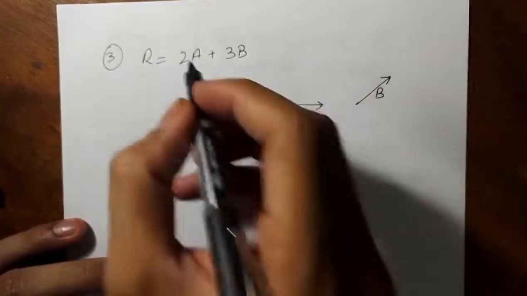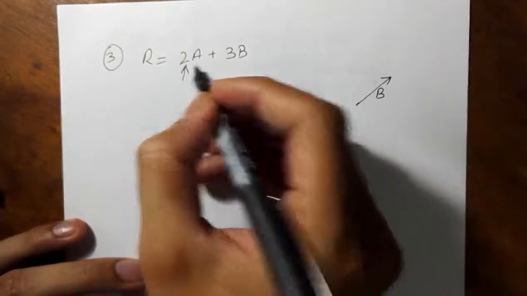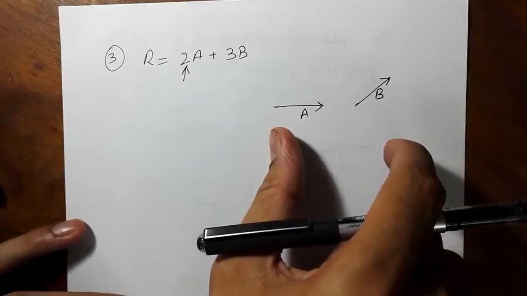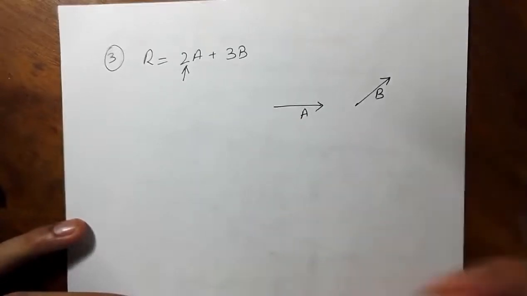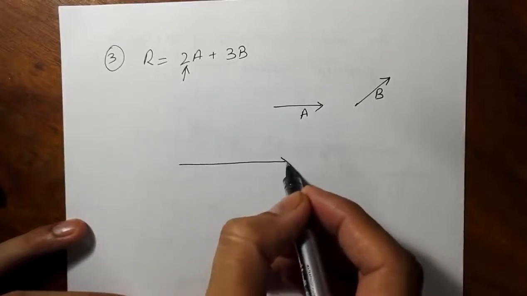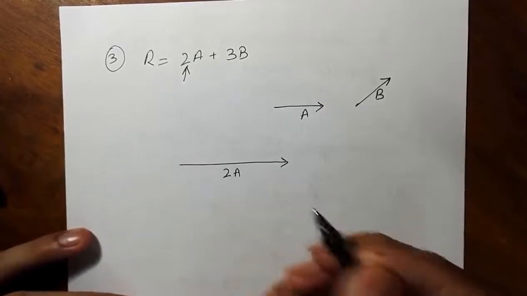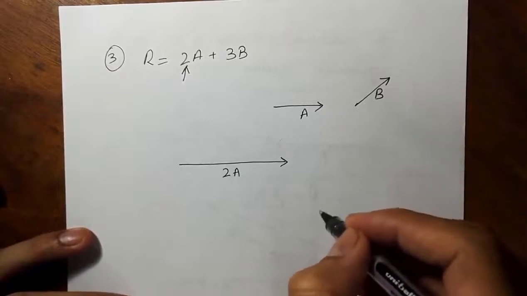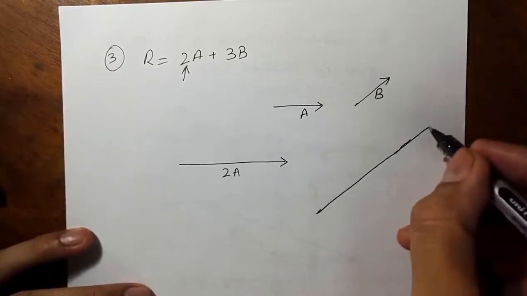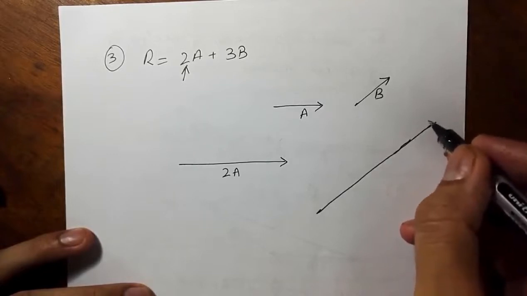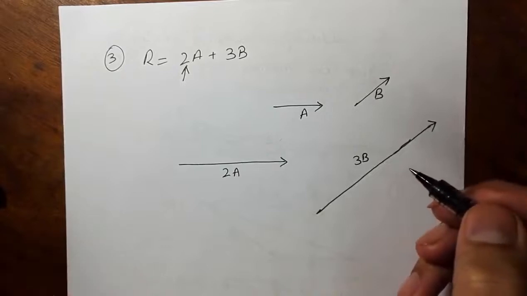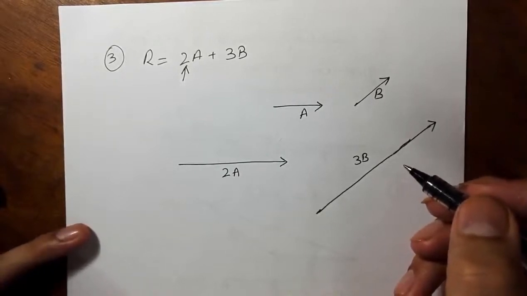If a vector is being multiplied by a number, we'll just multiply the length of that vector. So vector A will be converted into 2A, and vector B will be 3 times its original size, so this will be 3B. So R is equal to 2A plus 3B.